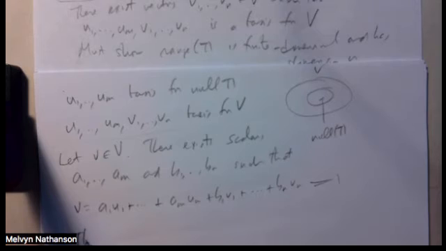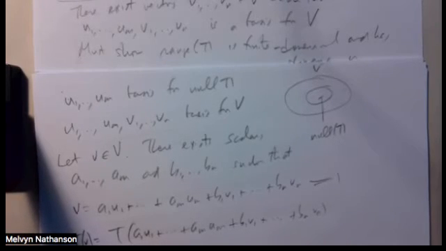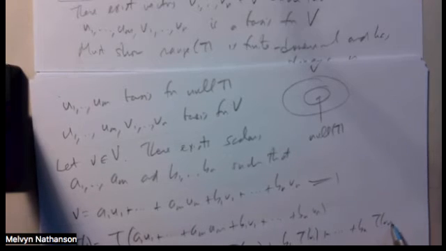But then T of V is T of A1 U1 up to AM UM plus B1 V1 up to B sub n V sub n. And because T is linear, this is A1 T of U1 up to AM T of UM plus B1 T of V1 up to Bn T of Vn. But U1 up to UM are in the null space of T, so these vectors are all zero.